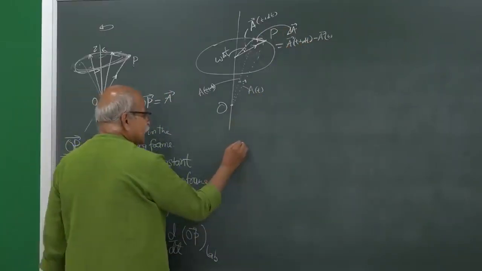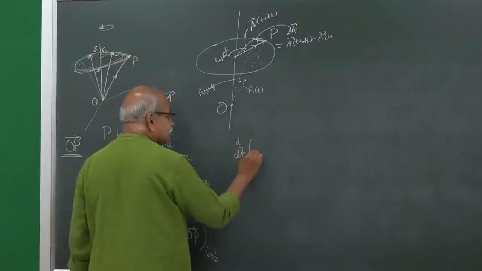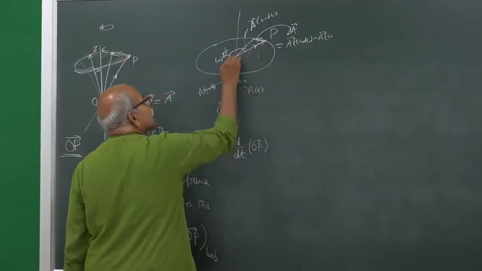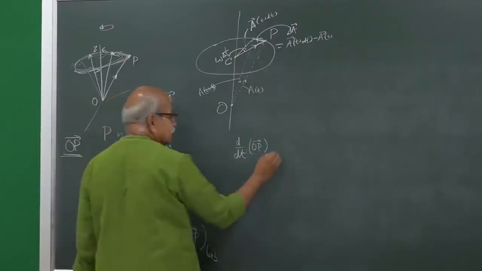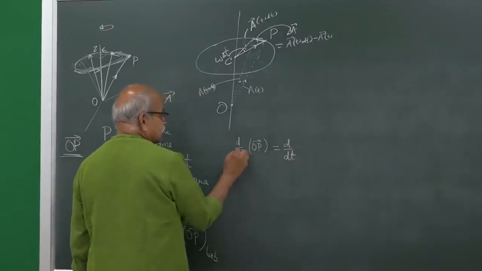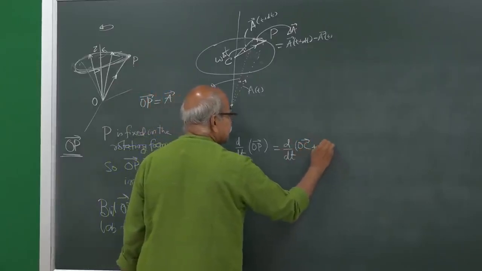So d/dt of OP is the same as, let me call this point C, the center of this circle, d/dt of OC plus CP.